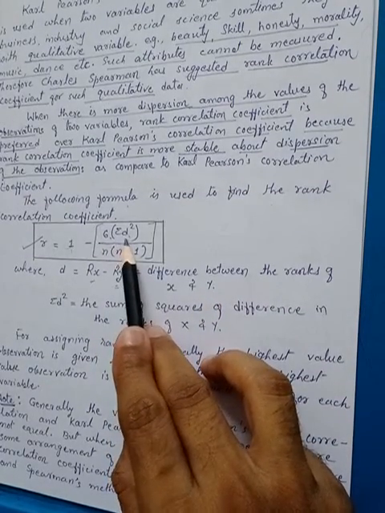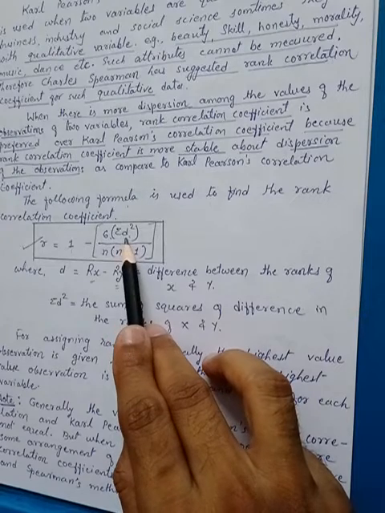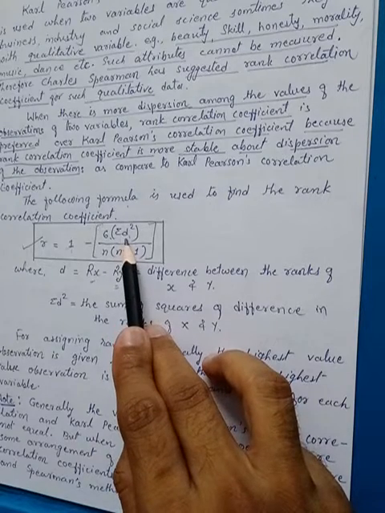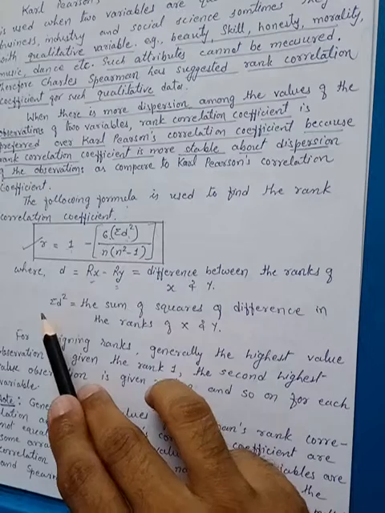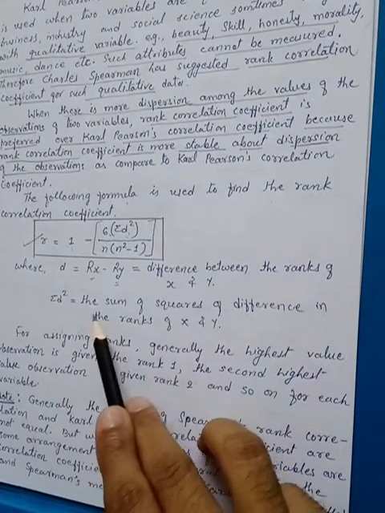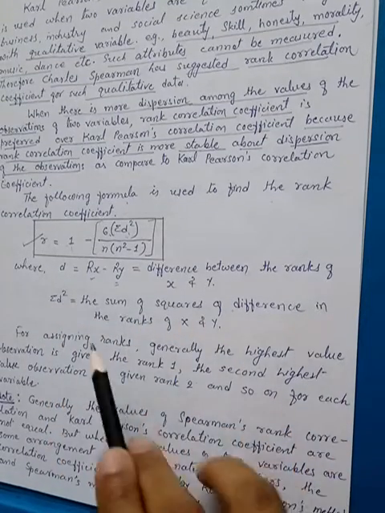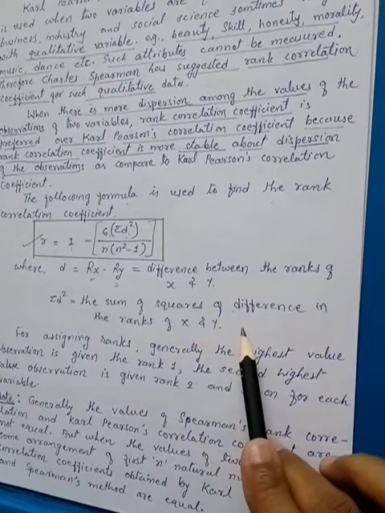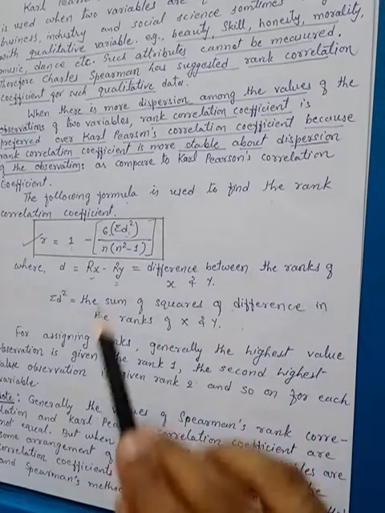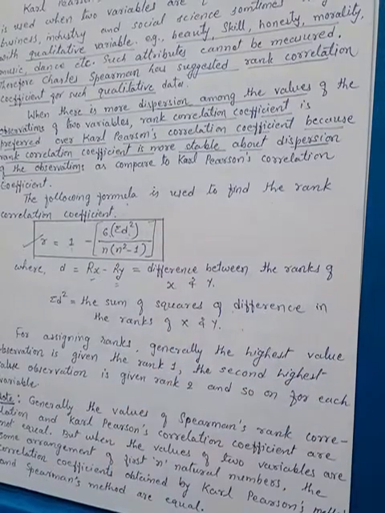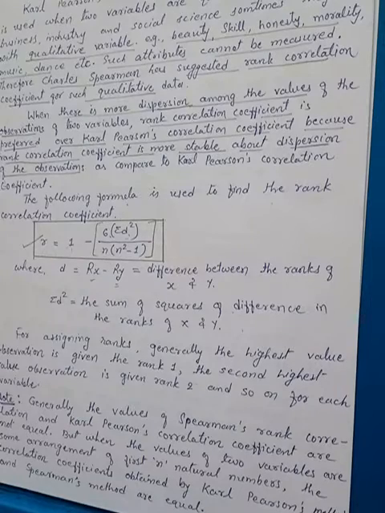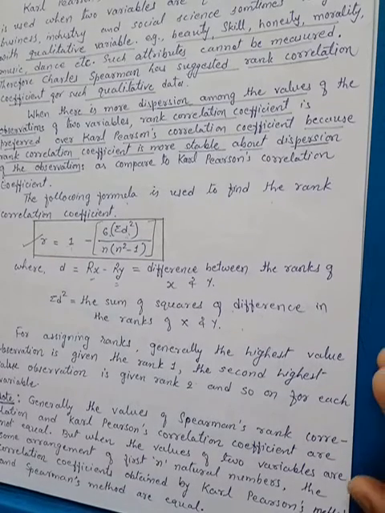The square of differences of the ranks between x and y and its total is called the sum of d square. See, it is written the sum of squares of difference in the ranks of x and y. So that is known as sum of d square. n means the number of pairs of observations, that you all know, right, into n square minus 1.